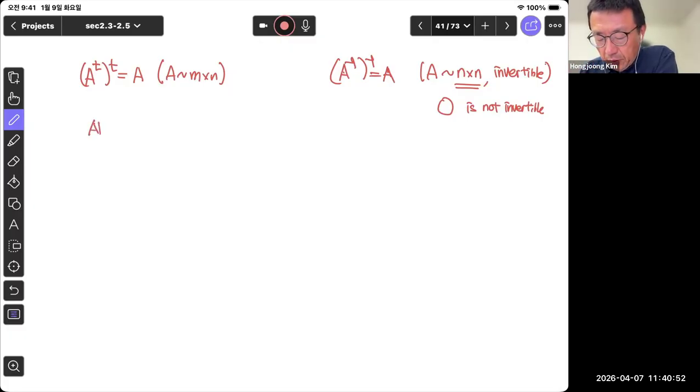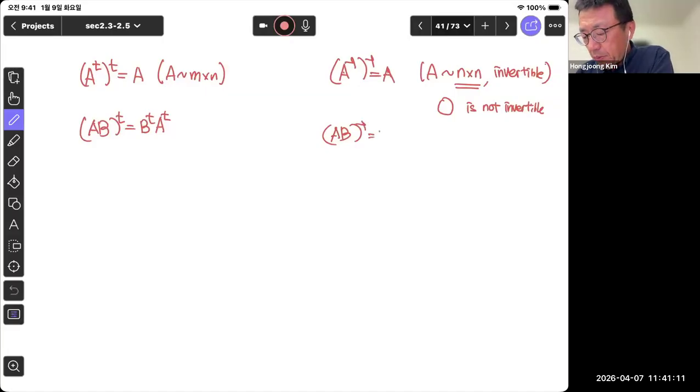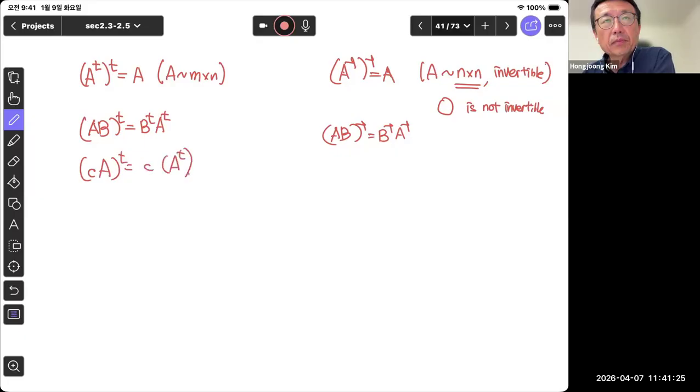And when A and B allow their multiplication, the transpose of the product will be B transpose A transpose. The inverse of A times B will be B inverse times A inverse. Some number multiple of A, if we take the transpose, that will be C times A transpose.